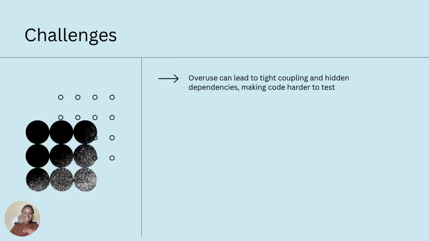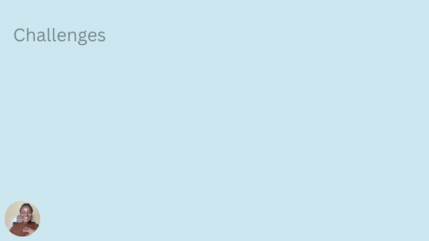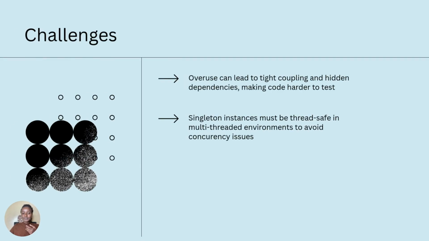What are the challenges? Overuse can lead to tight coupling and hidden dependencies, making code harder to test. So do not overuse. And this is more of a nice to know, but still a challenge: single instances must be thread safe in multi threaded environments to avoid concurrency issues.